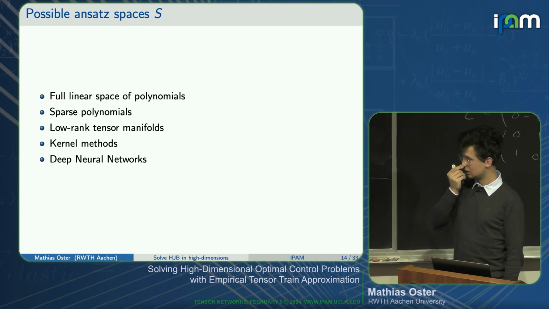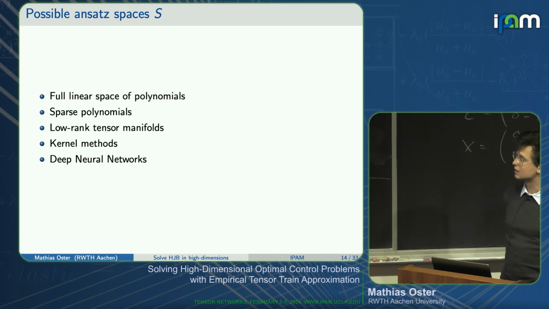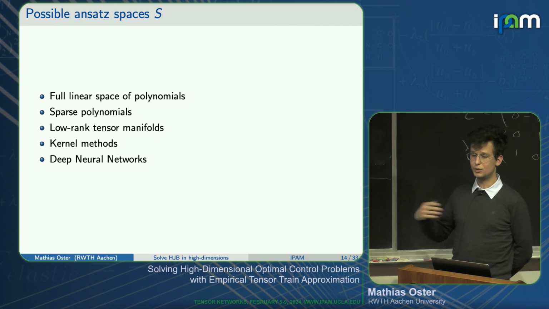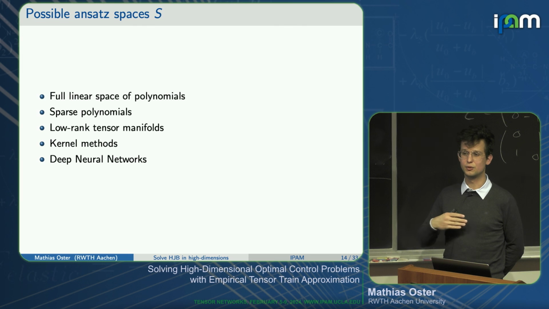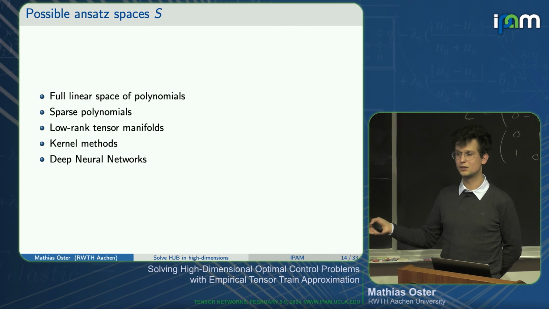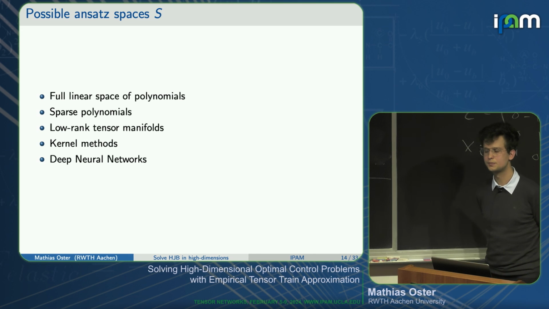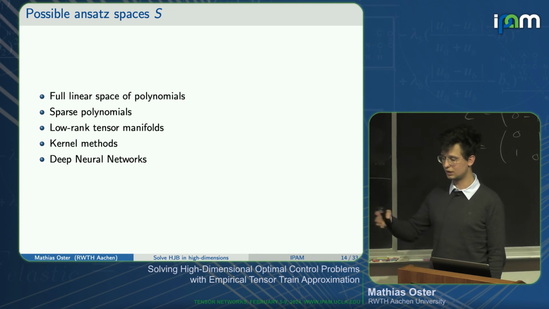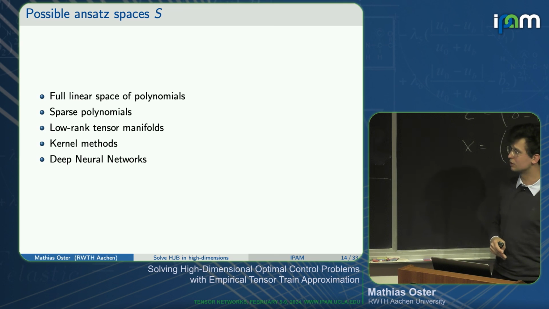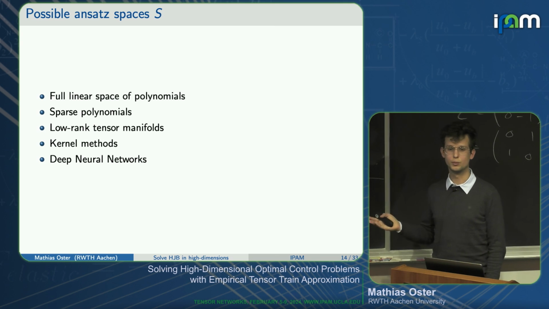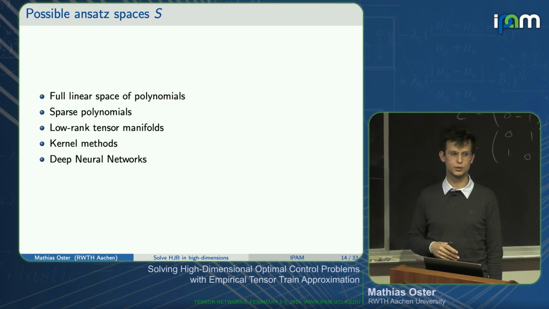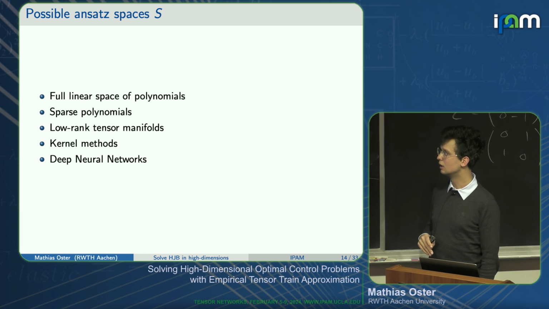So now I would like to talk a little bit about the ansatz spaces that we used. When this came up again, the Hamilton-Jacobi-Bellman equation wasn't really tackled for a couple of decades, actually. And then recently the interest rose a lot. The first people who tried to go for the Hamilton-Jacobi-Bellman equation again used polynomials. First they used the full space of polynomials up to a given degree, and then they used sparse polynomials or sparse grids.